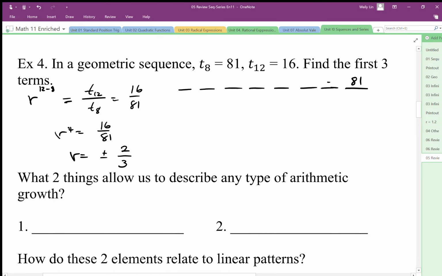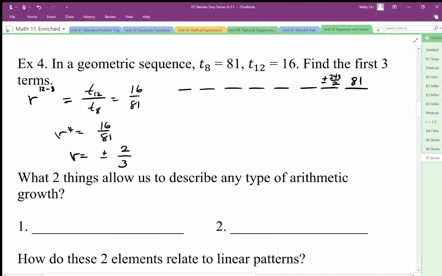If I'm going backwards, I am going to multiply by 3 and divide by 2. So that's going to be 243 over 2, and then we can just keep going backwards like that.